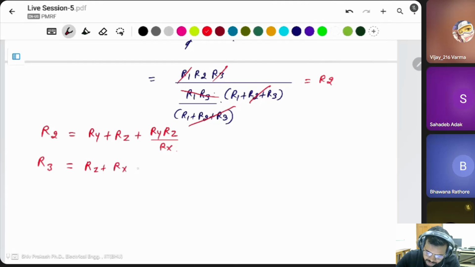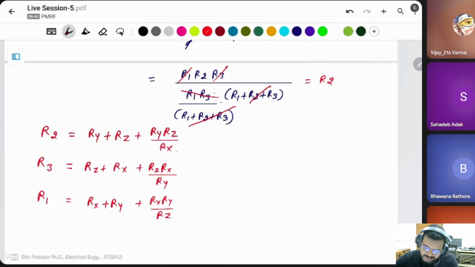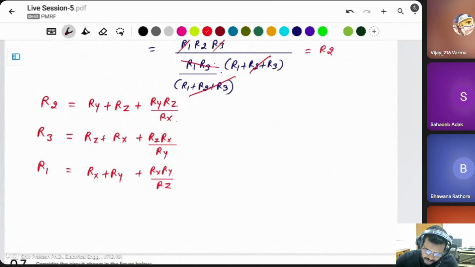Rz plus Rx plus Rz Rx divided by the remaining Ry, and Rx plus Ry plus Rx Ry divided by Rz. It means if there is a star connection, x, y, z, this is the Rx, Ry, Rz.